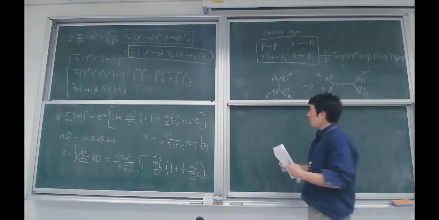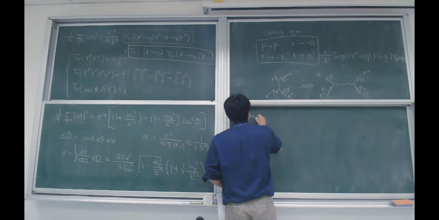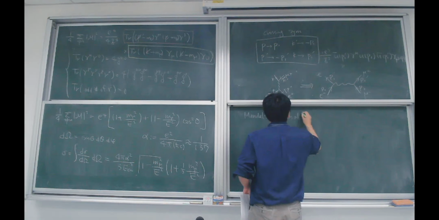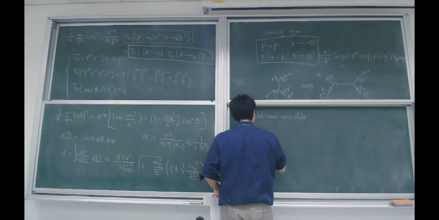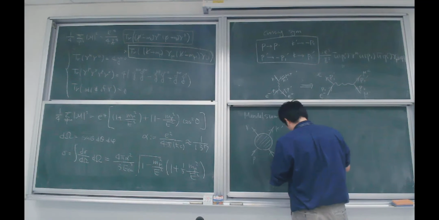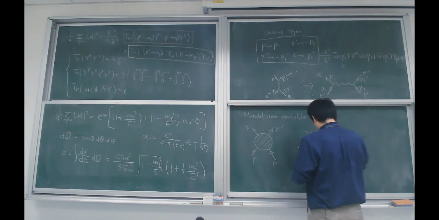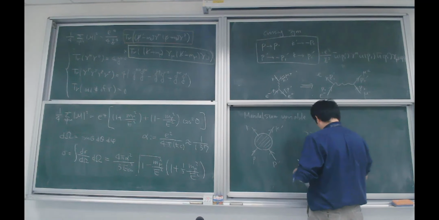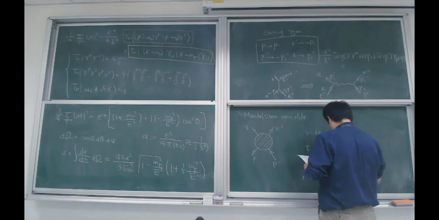Okay, Mandelstam variables. So you have this kind of process, with p, p prime, and k, and k prime. Then we define s equal to (p plus p prime) squared, t equal to (k minus p) squared, and u equal to (k plus p) squared.